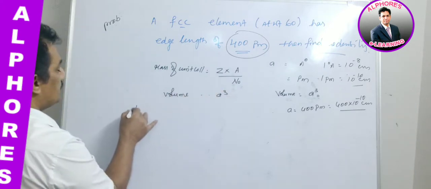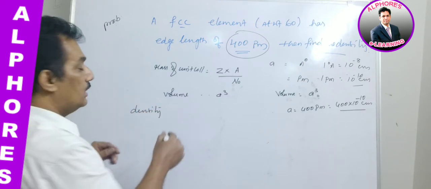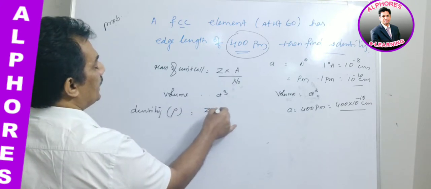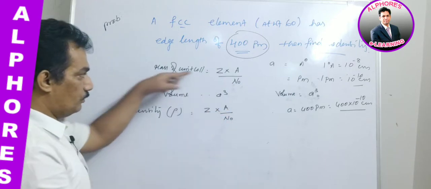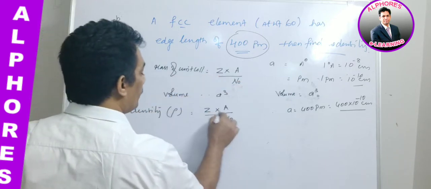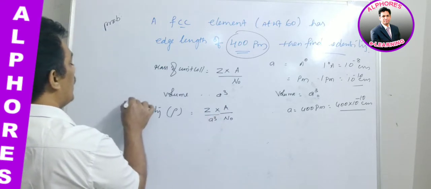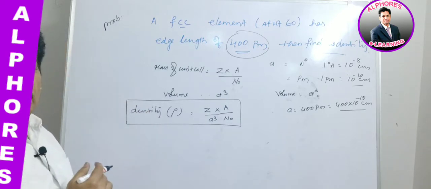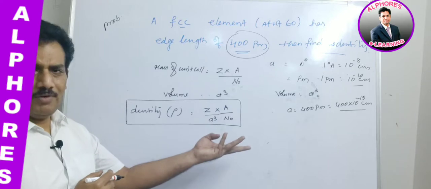And now what is density? The density formula we discussed in the previous session: density rho is equal to Z into A by N naught A cube, that is the mass of the unit cell by the volume of the unit cell, A cube. This is the formula, if you recall the discussion of the previous session. Clear? Now let us substitute the values.